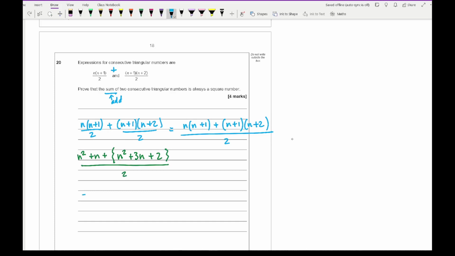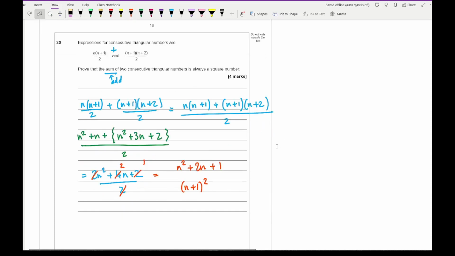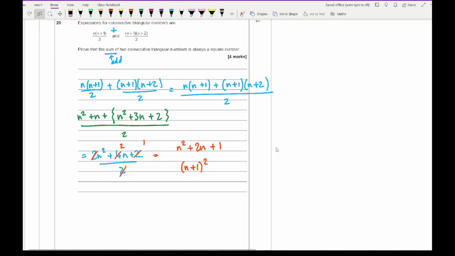Then if I simplify the numerator, I end up with 2n squared plus 4n plus 2 all divided by 2, and then simplify that further by taking 2's out, I end up with n squared plus 2n plus 1, which I can factorize to give me n plus 1 squared. And as you can see, that is always going to be a square number. So therefore, always a square number.